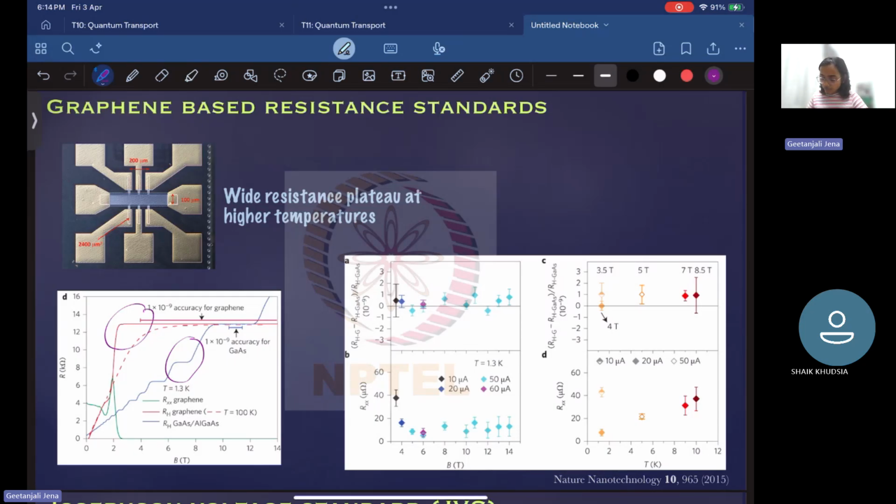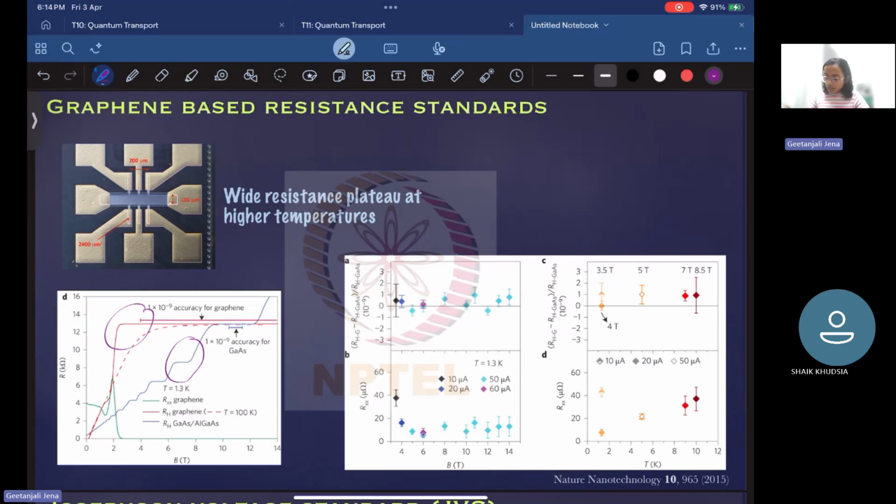If you compare, you can see that compared to gallium arsenide, the red one shows a wider plateau. That means for a wider range of magnetic field, it can still show a constant value of the Hall resistivity.